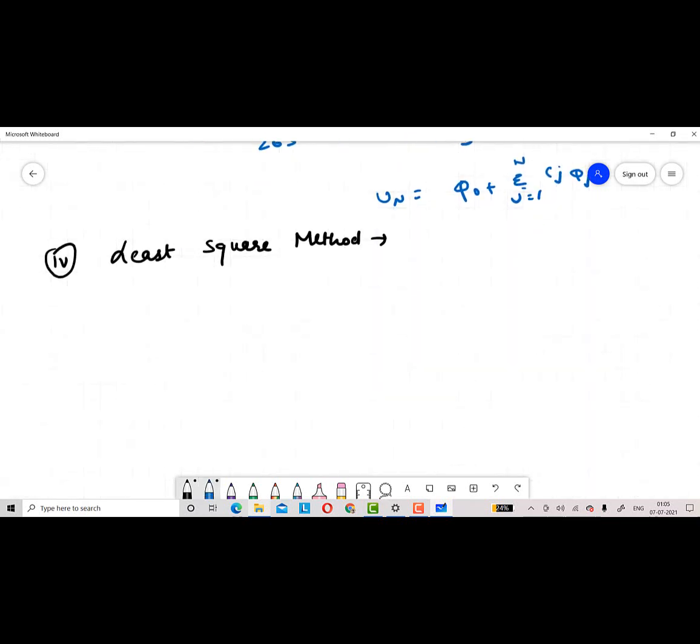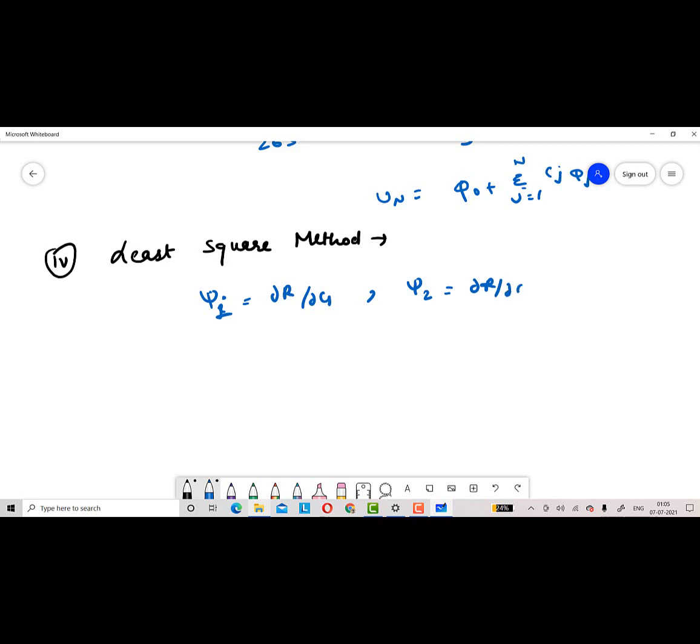For the least square method, we will find our functions psi1 equals del r over del c1 and psi2 equals del r over del c2.